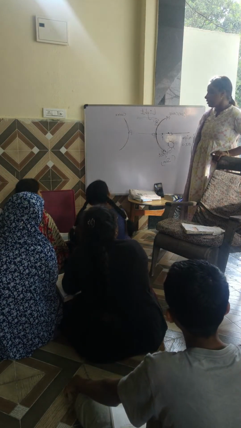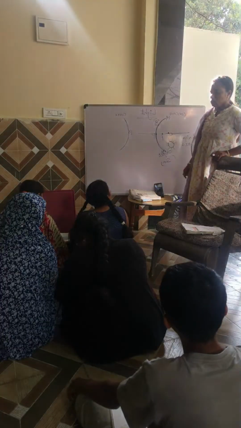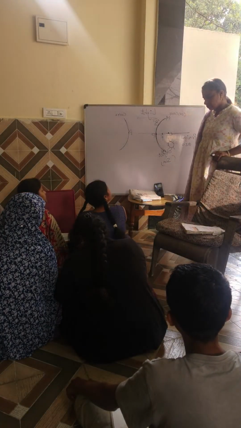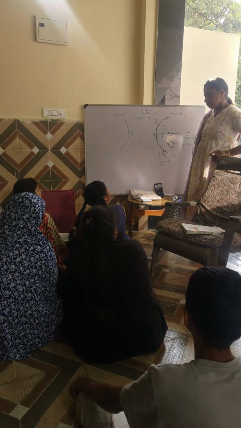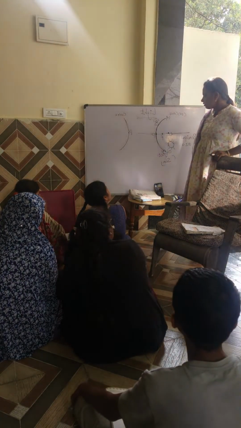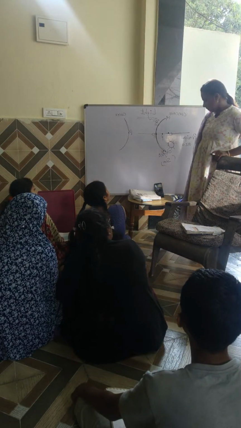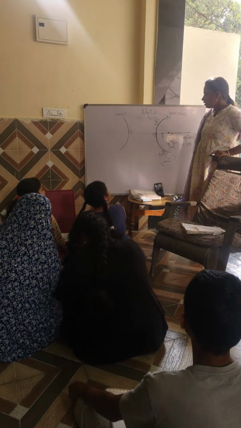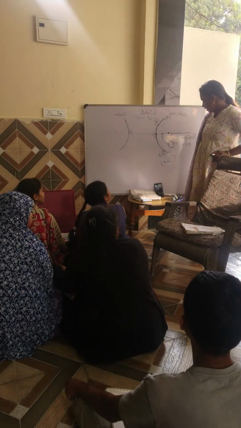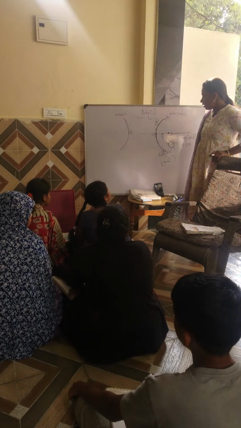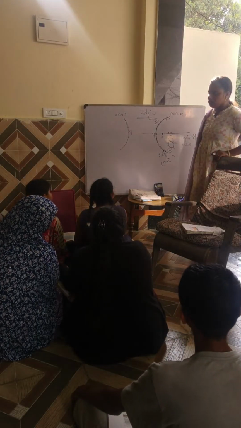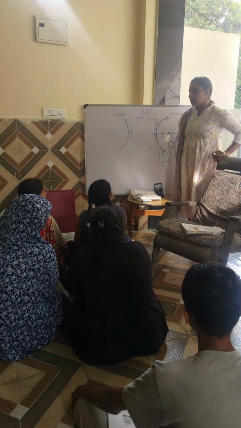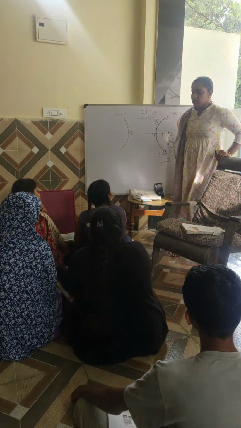What is meant by R? Radius. The radius of the reflecting surface of the spherical mirror. That is called radius.